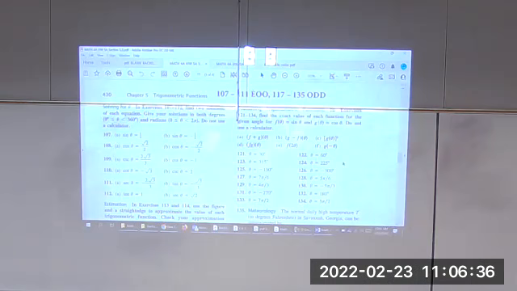So we left off at 1.7. But we didn't do all of 1.7. This is why I have to take a picture of the board.